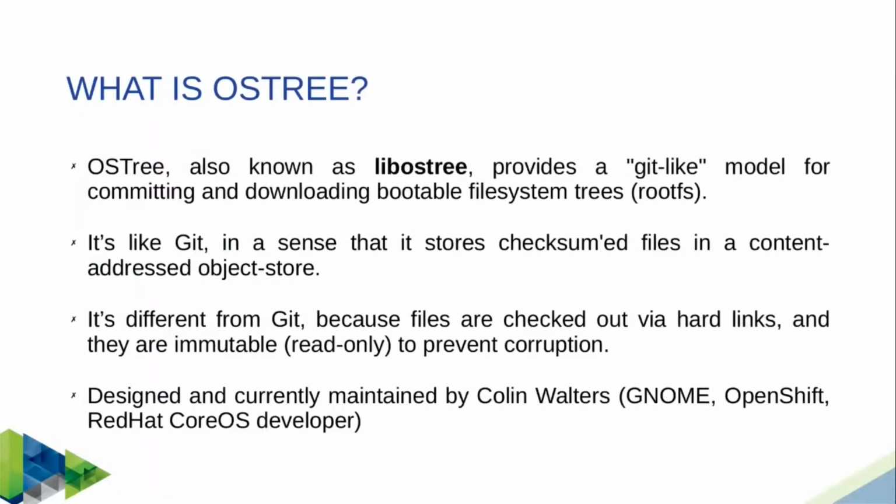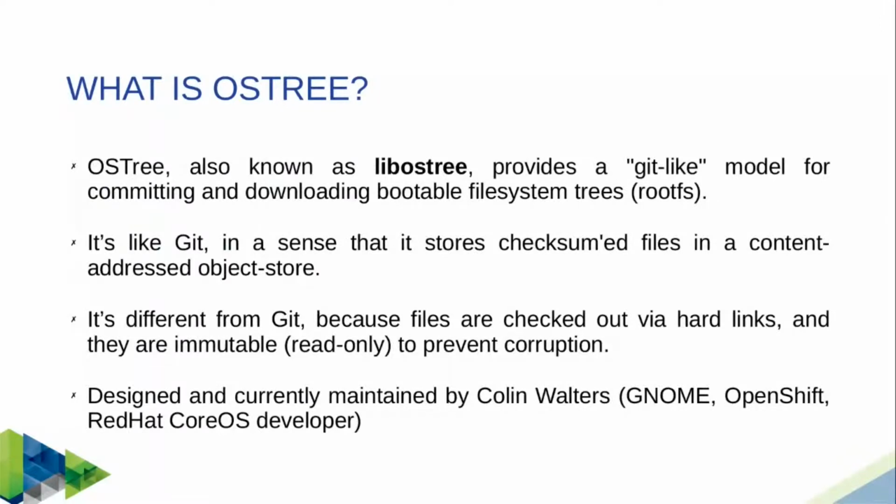First, what is OSTree? OSTree, also known as libostree, provides a Git-like model to boot complete file systems. With OSTree, you can basically have a repository with your complete file system, and you can version control it.